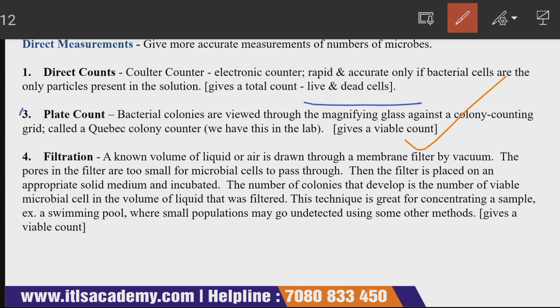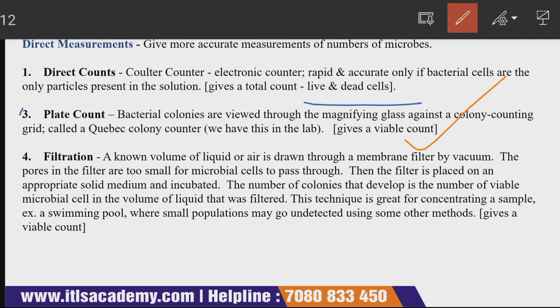So filtration is another technique through which you can measure the microbes. A known volume of liquid, or air, is drawn through a membrane filter using a vacuum.